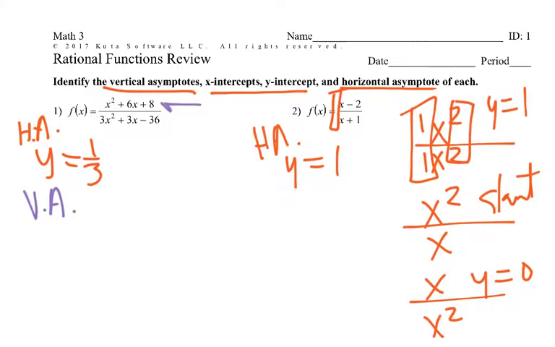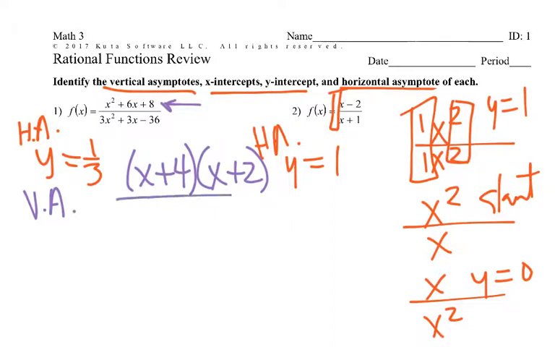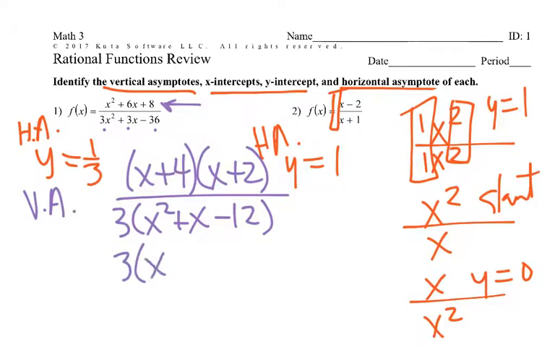So, using factoring, you'd use the box method, but you'd end up with x plus 4 times x plus 2 over, we could pull a 3 out of all of these. That'd be x squared plus x minus 12. So to get 12 would be 4 and 3, so it'd really be 3 times x plus 4 times x minus 3.